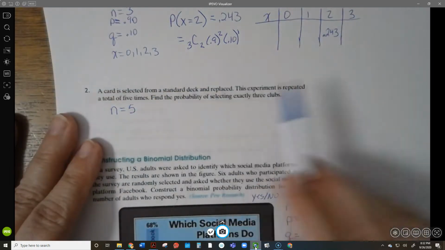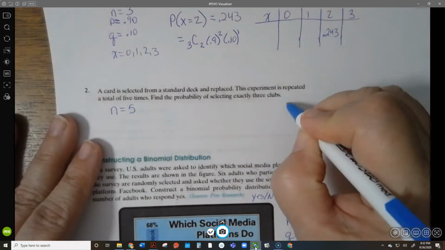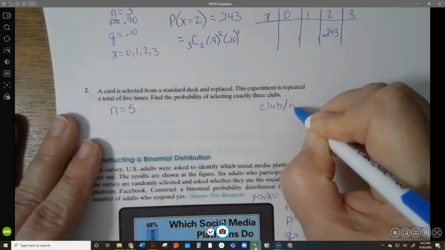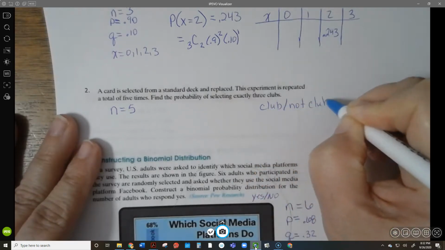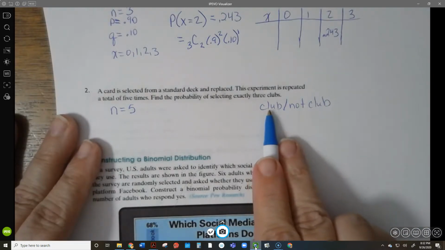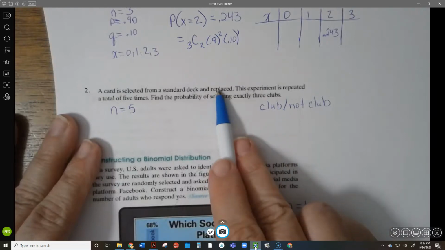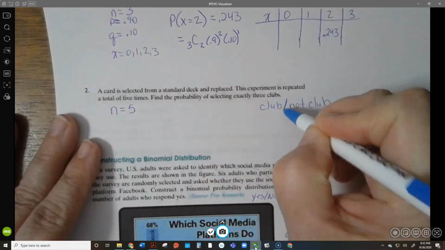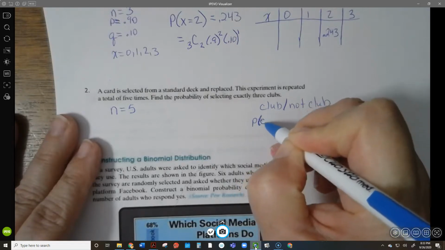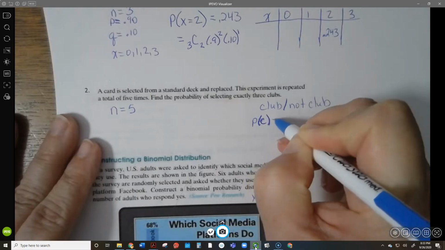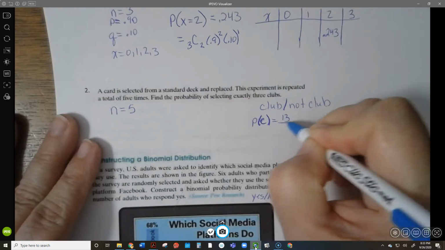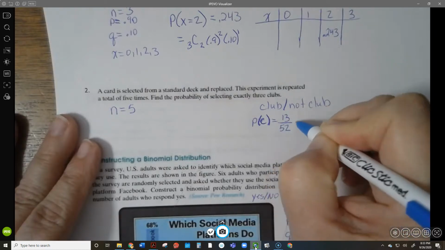Find the probability of, so success is a club. So you're either going to get a club or you're not going to get a club. That's success, failure. And they didn't give it to us this time. We're going to have to calculate it. Since we're replacing it, the probability of getting a club is going to be, how many clubs are there? 13 clubs out of a total of 52.